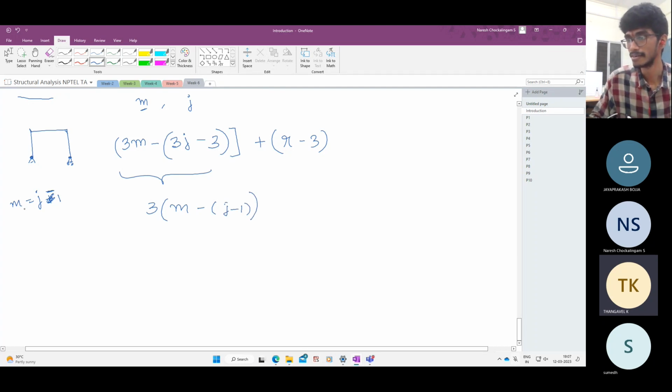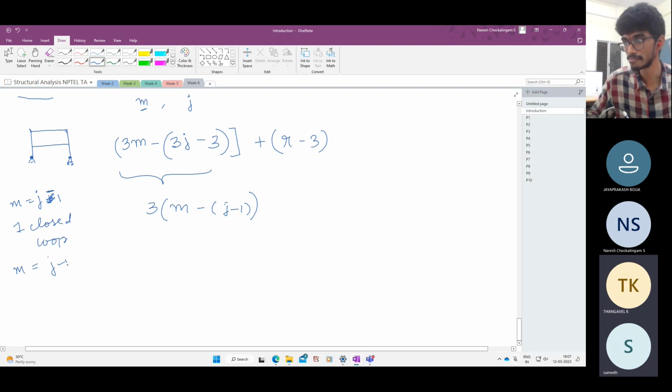If there is one closed loop, if I put one more member here, then the number of members is j minus 1 plus 1. And if there are 2 closed loops like this, then the number of members is j minus 1 plus 2. So what is this extra? This is just equal to c.